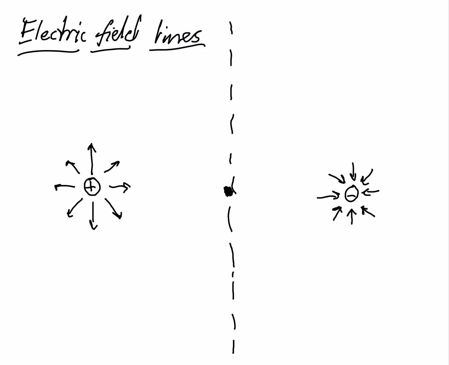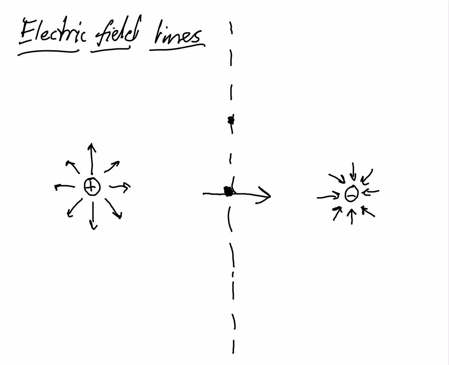So the force on a positive test charge is to the right, and by the definition of electric field, it points in the direction of the force on a positive test charge. So since the force on a positive test charge is to the right, the electric field there in the middle is to the right.